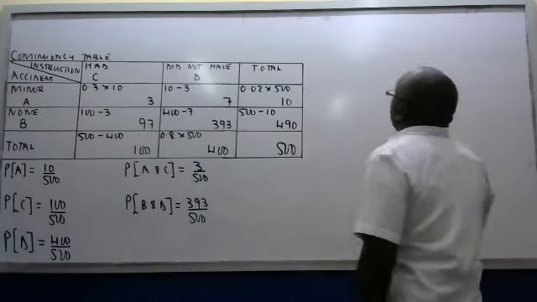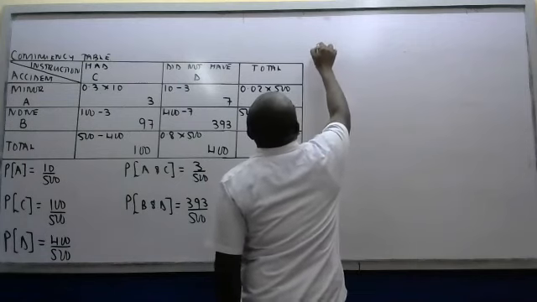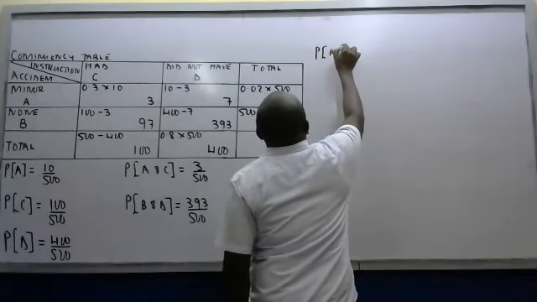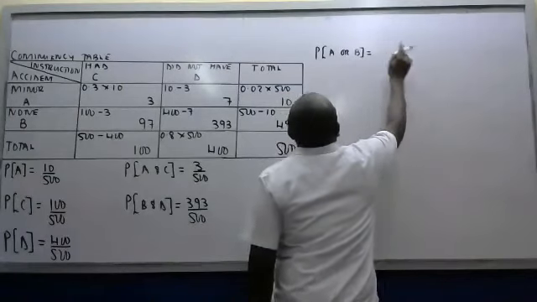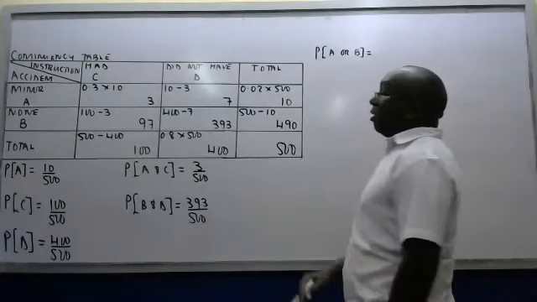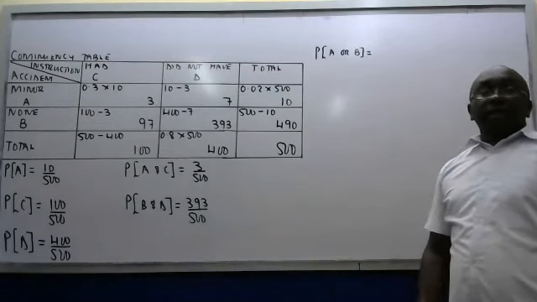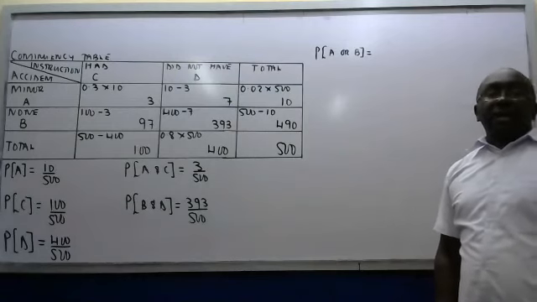If you are told to tell us probability of A or B, that is the addition rule that we discussed earlier.